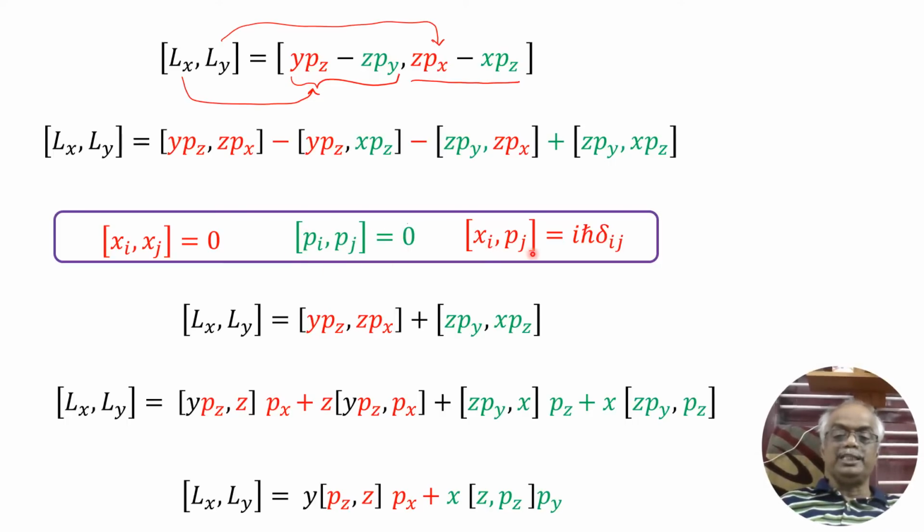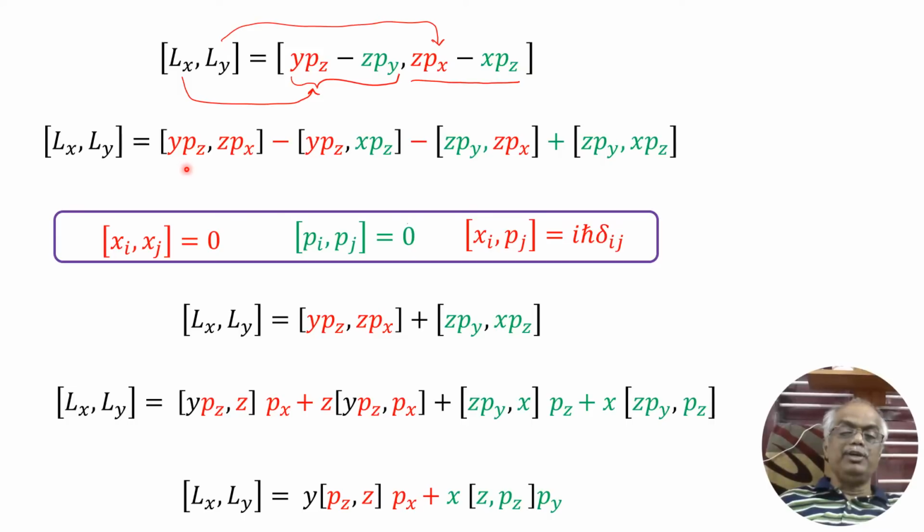Then for position and momentum, if both are in the same direction, they will not commute. If they are in different directions, they will commute. It will obey the canonical rule: the commutator of xi with pj is equal to i h cross delta ij. When i equals j, this will be i h cross times 1. Otherwise, this will be 0. Now you apply these three fundamental rules here.